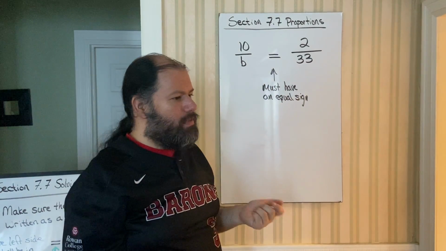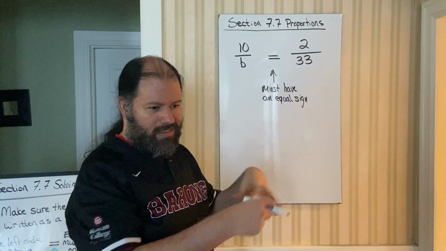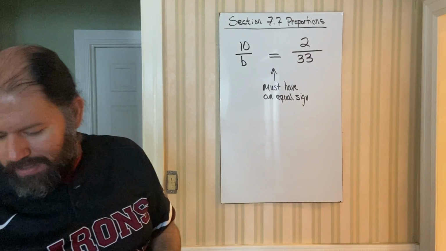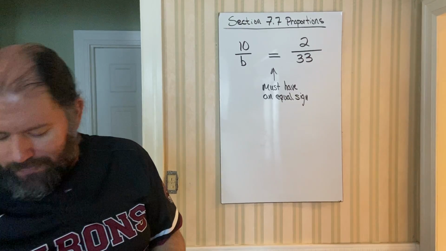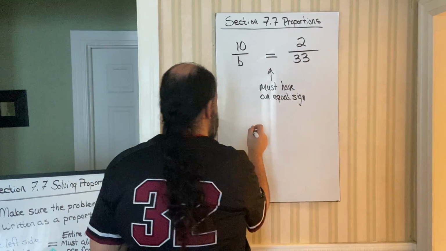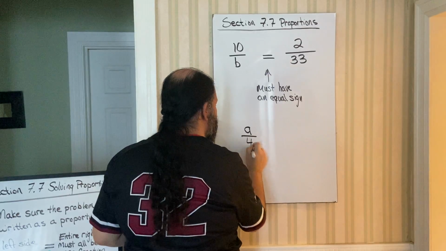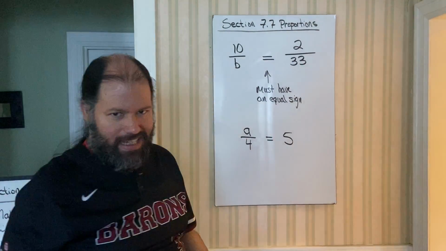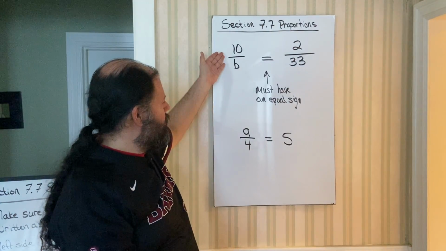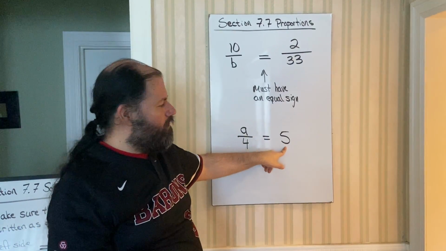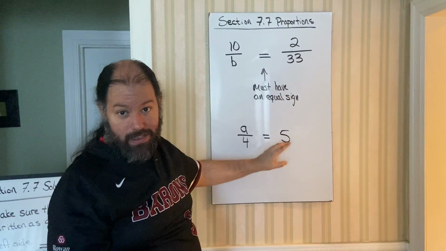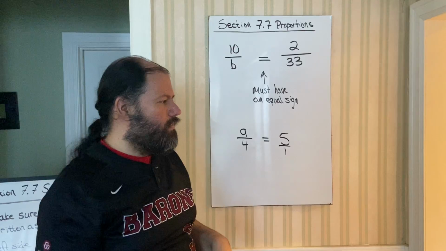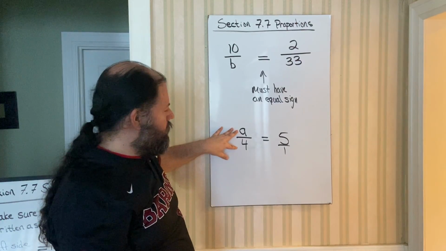Now some of you might be saying, well, it kind of looks like the questions that we had before. Some of you might have said, well, doesn't this kind of look like if you had a/4 equals 5? The only difference is, one, this wasn't a fraction, but we know how to make this a fraction by putting it over 1. Now some of you said, well, you already taught us this.